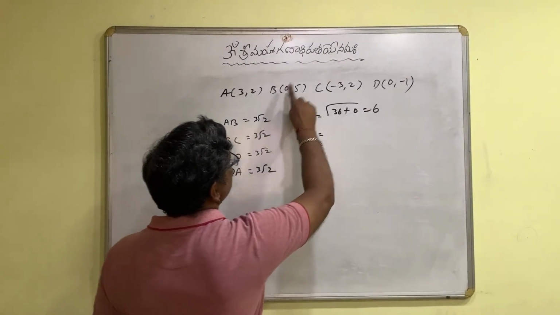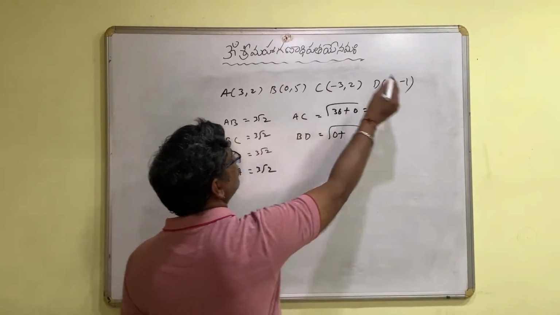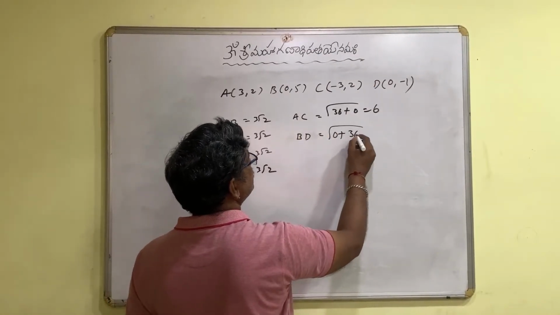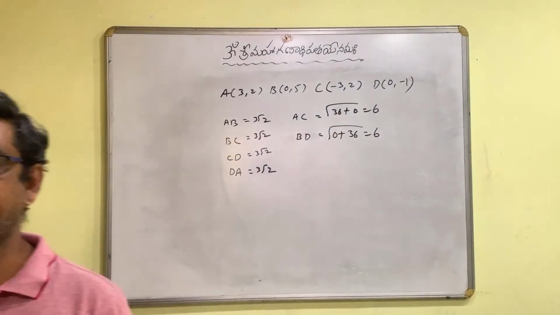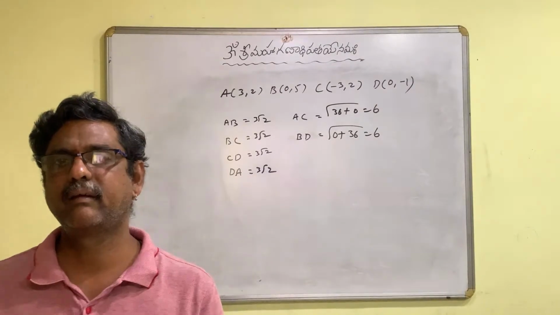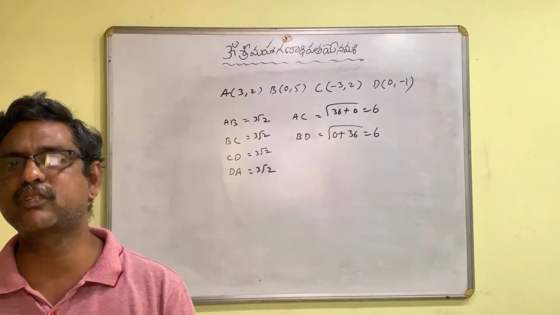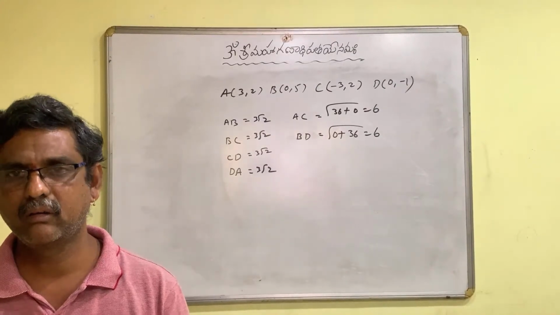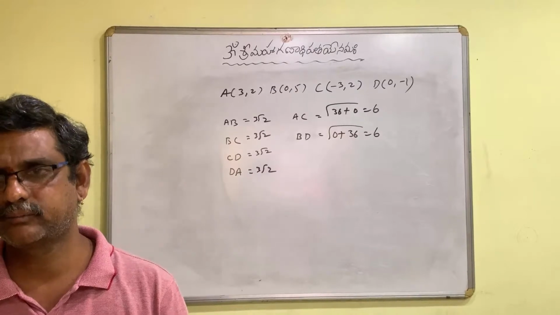BD: 0 minus 0, 0, plus 5 minus half minus 1, 5 plus 1, 6, 6 square, 36, 6 units. Okay. So all sides are equal and diagonals are also equal. So it is a square.